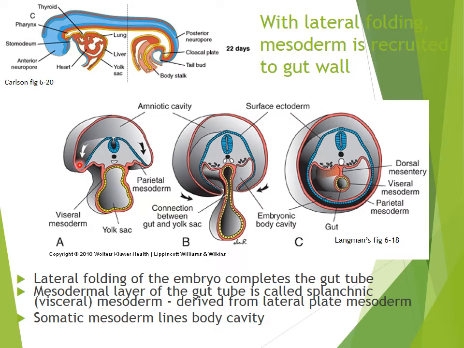In the lateral folding, the lateral body walls grow ventrally and then meet in the midline, and when they meet, unite and fuse in the midline, they enclose the ventral body wall. So in the ventral body wall, when this is completed, it is enclosing all the gut tube inside, and this is making the ventral body wall which is lined by the parietal layer and the ectodermal layer.